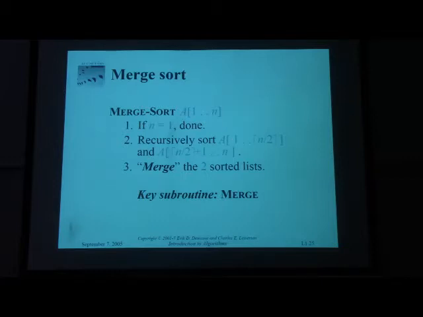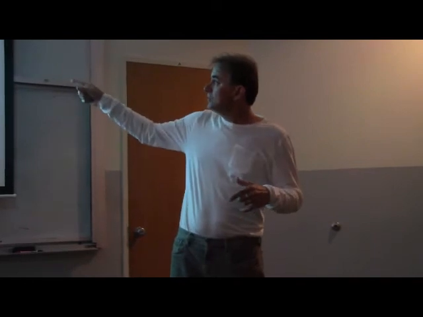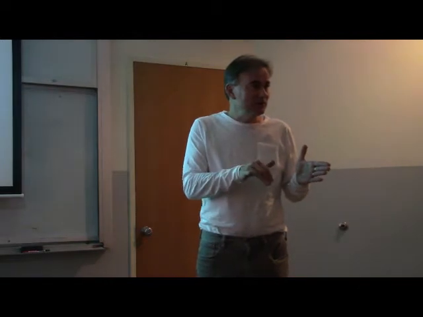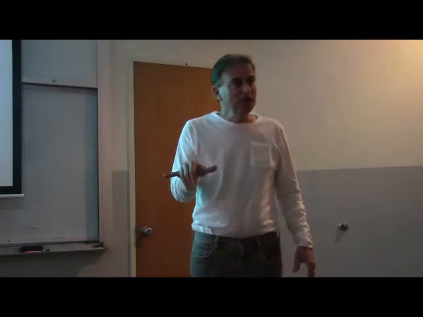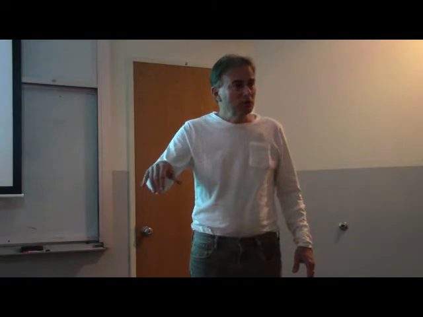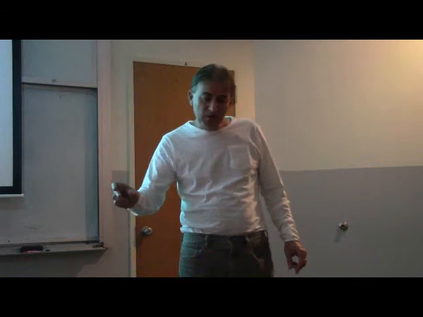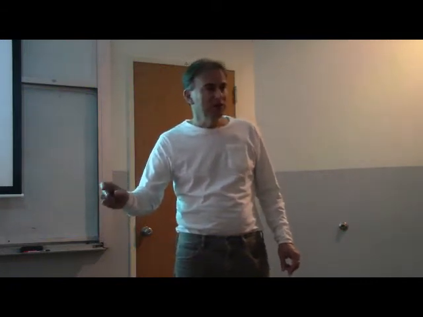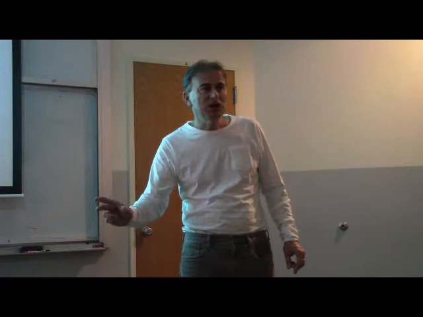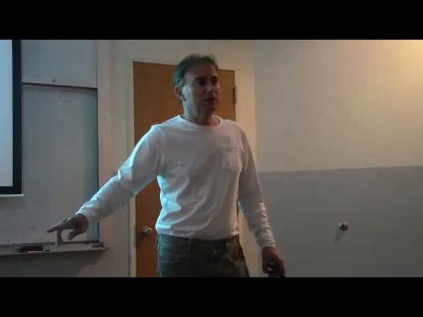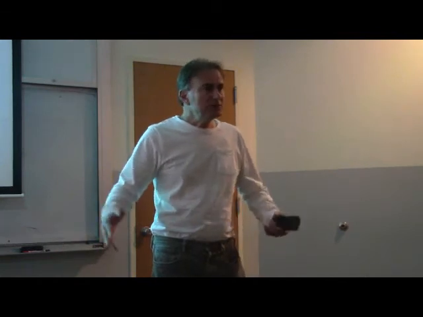So just imagine that n is 16. It's going to recursively merge sort 1 to 8, which is going to recursively merge sort 1 to 4, which is recursively going to sort 1 to 2, which is recursively going to sort 1, which is done, then the other one, which is done, and then it's going to merge them. So those two elements are going to get merged.